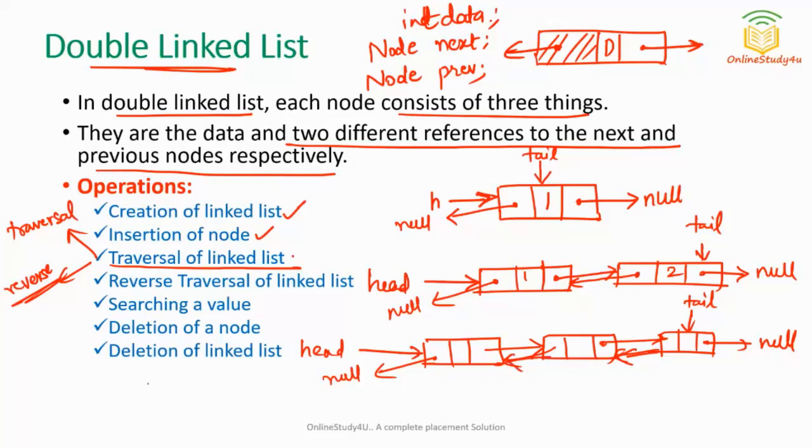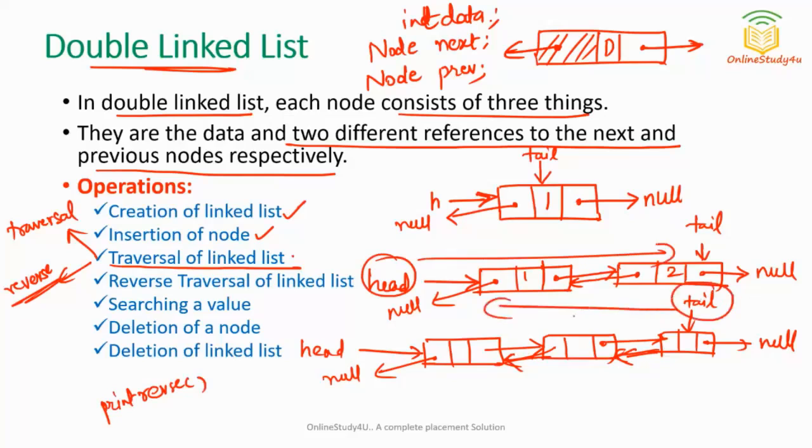So I will create a function with the name printReverse when we do traversal. As we used to start iterating from head, in the same way we will start iterating from tail, and in every step in reverse traversal we will do temp is equal to temp dot prev, it means previous. So let us code this.